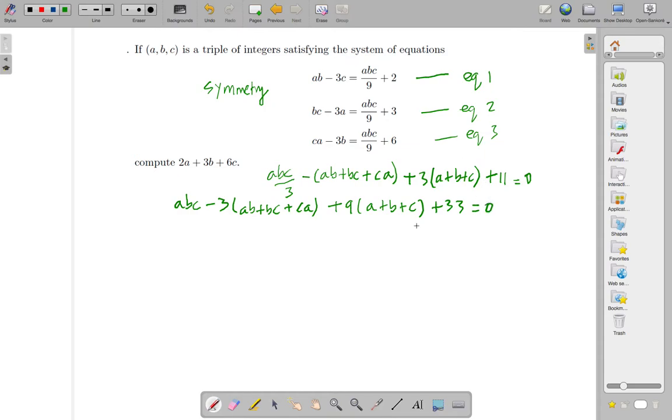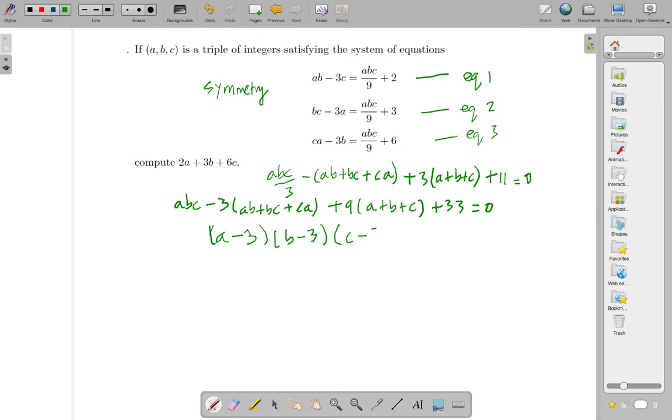Both are the same. I just simplified one. Whenever you have equations like this, it probably helps to see if it is this one, A minus 3 times B minus 3 times C minus 3.